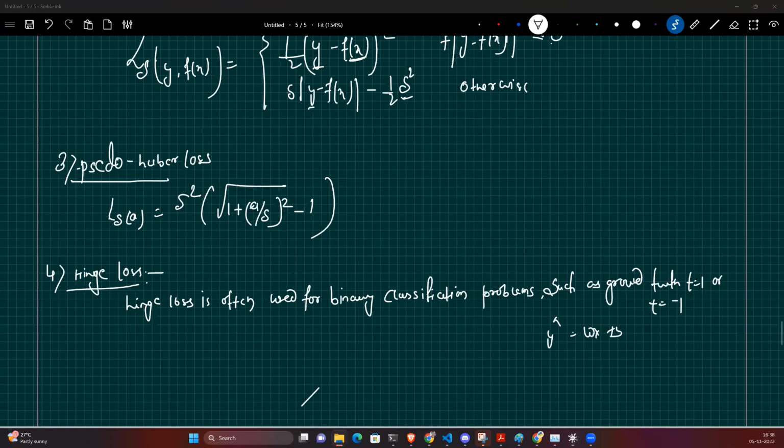No questions. Okay. There is one theoretical concept pending, which is called optimizers, and the second is weight initialization techniques. Two things are pending. Then we can start our practical implementation.